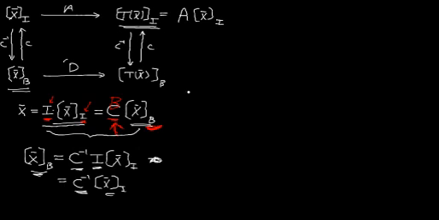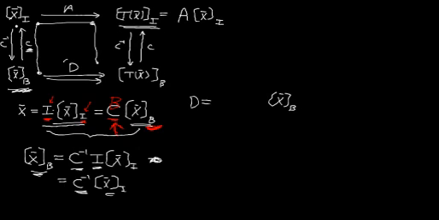So D: I have to move this here to get the equivalent in this direction. I apply C here to come over here, and to come down, I multiply C inverse.